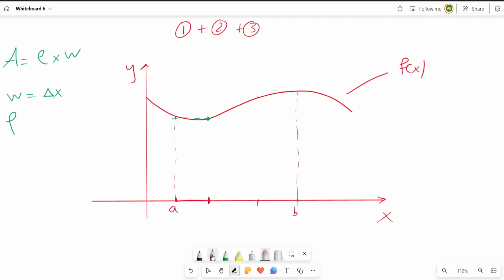So what if we took more rectangles? Let's erase these bits.